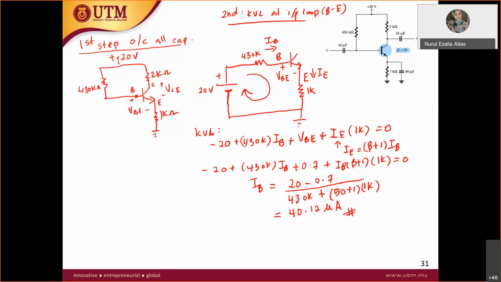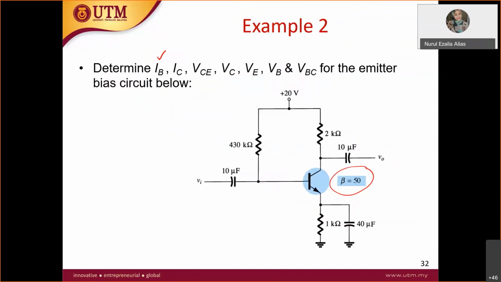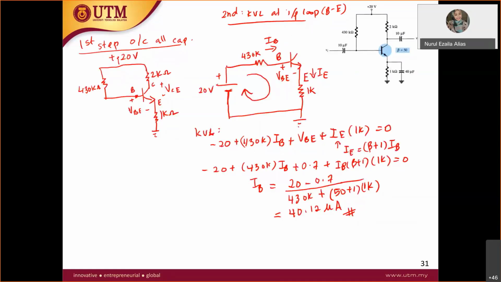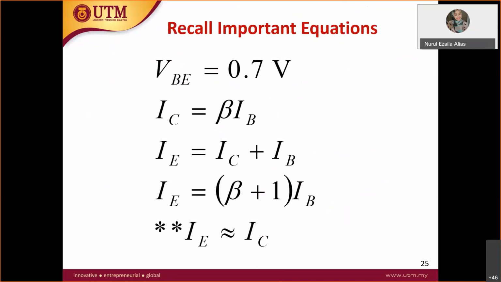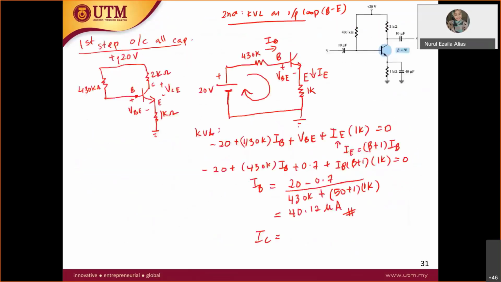Okay, so look at the question. Now you have IB. Now how to find IC? IC is equal to beta IB. Once you get IB, you have to multiply with beta.